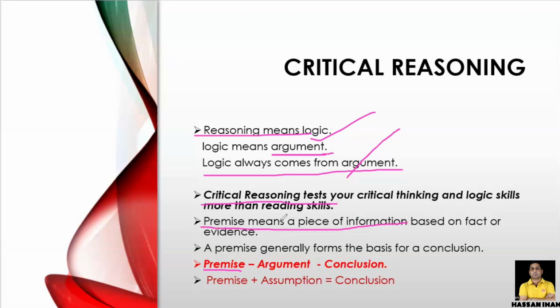Premise generally forms the basis for a conclusion. So premise plays a role in reaching a conclusion. Generally, premise plus assumption equals conclusion. So the relationship between premise and conclusion lies on the author's assumption.